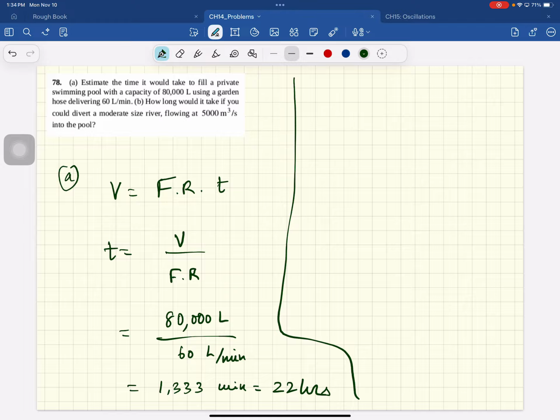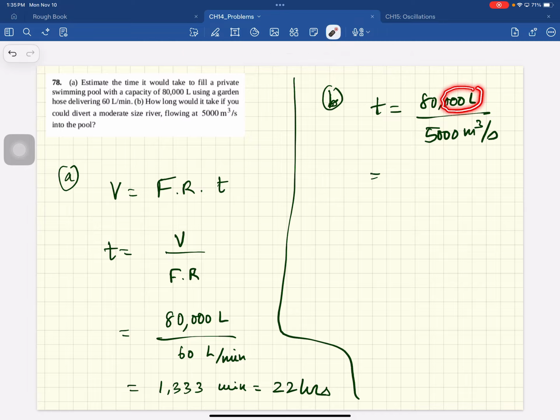But on the other hand, if you divert a river to fill it, 1,000 liters is a meter cube, so this is 80 meters cube.